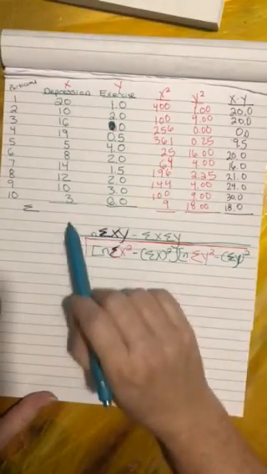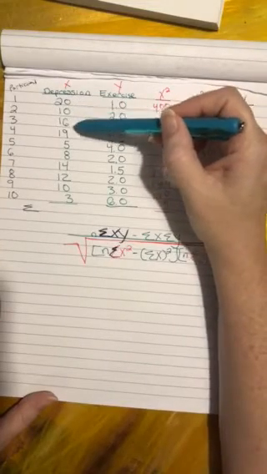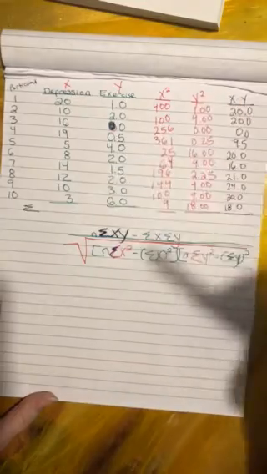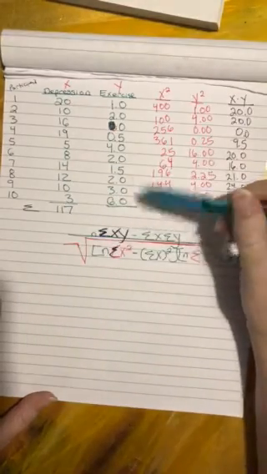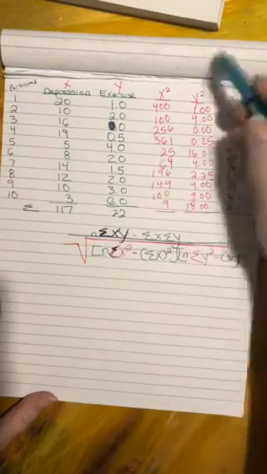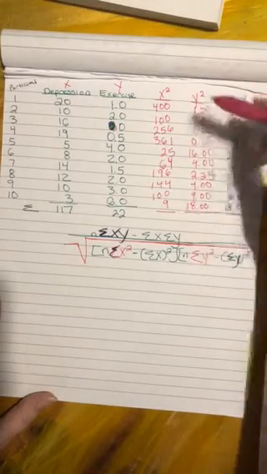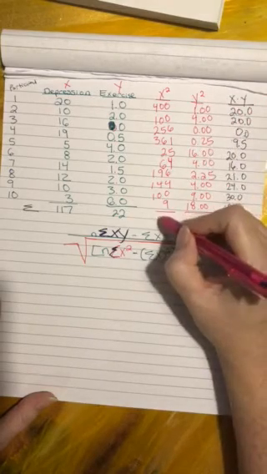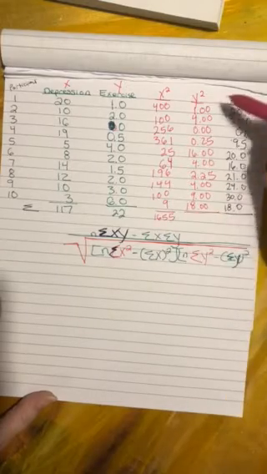Okay, so we're just going to add each column. We're going to add up our x values: 20 plus 10 plus 16 plus 19 plus 5 plus 3 plus 14 plus 12 plus 10 plus 3, and we get 117. Same thing for our y's, 1 plus 2 plus 0 plus 0.5, etc. All that adds up to 22. The x squared column, 400 plus 100 plus 256 plus 361, etc., is 1655.